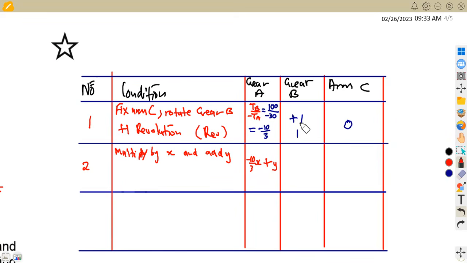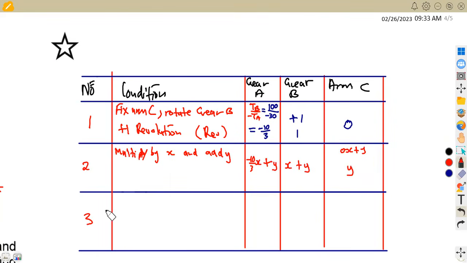We move on to this one, we multiply by X, 1 times X, that's X plus Y, we add. We move on to 0, so that's 0 times X, which is 0, plus Y, so 0 plus Y, we are going to remain with a Y.